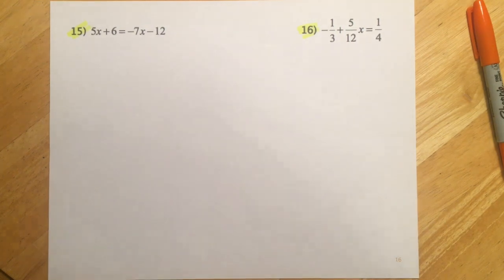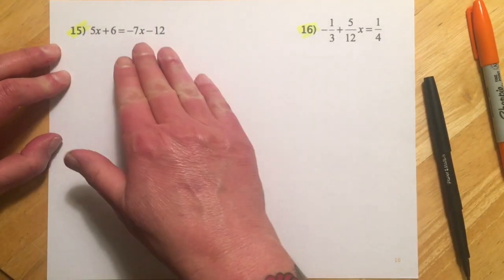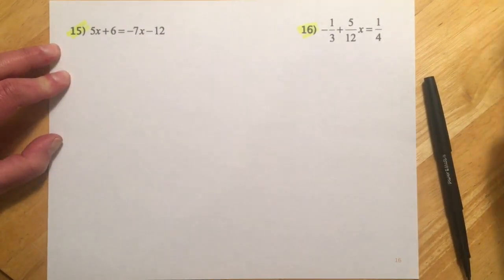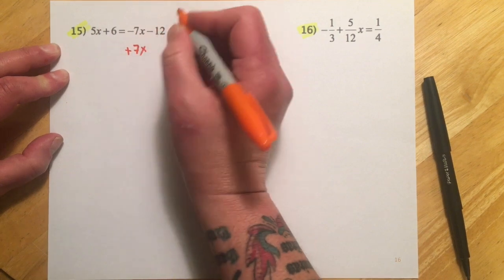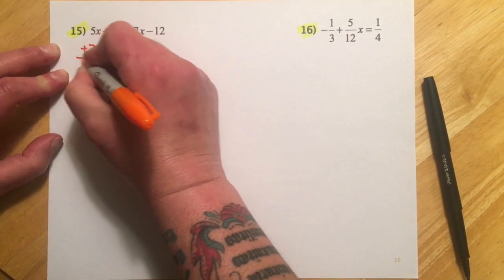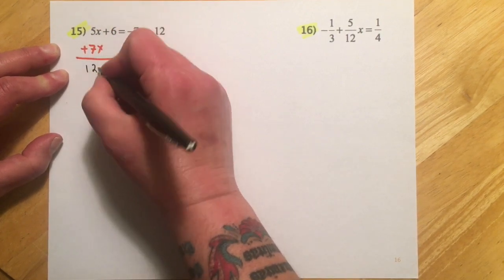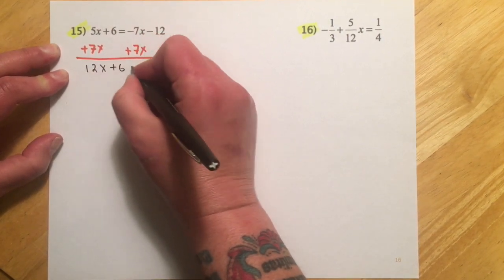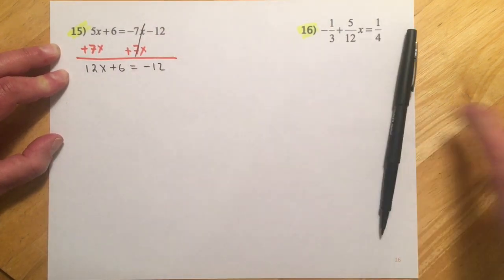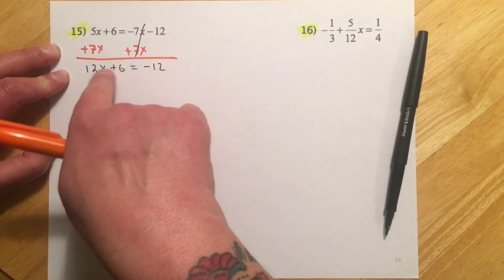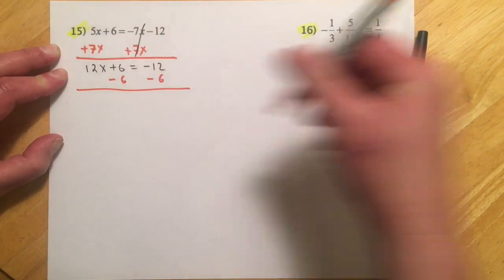And then these last couple are the ones I would have you guys do in class. So let me just run through these. So this is a fairly friendly one. We'll just get our x's to one side, numbers to the other. Add the 7x over. And that'll give us 12x. I'll bring my 6 down, equals, those are gone, and negative 12 on this side. So now I want to get everything away from x, so I'm going to say minus 6, minus 6.